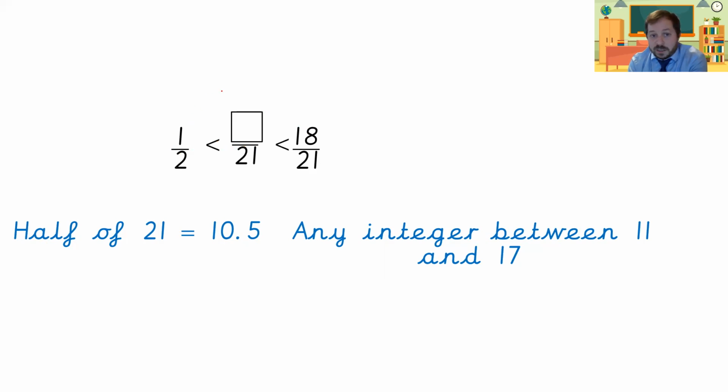So that means our lowest band we can have is 11. Then we've got 18/21 here, so we can go up to 17. And we could choose any of those numbers to go in here. The reason this one's tricky is because they've given you a half, and a half doesn't go into 21. But you should be able to divide whatever this number is here by that one to get you whatever the band is at the bottom, which is 10.5.